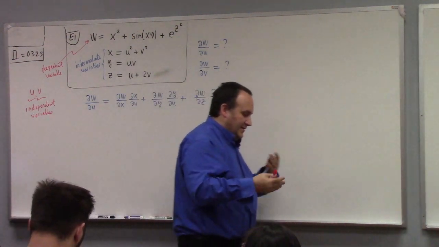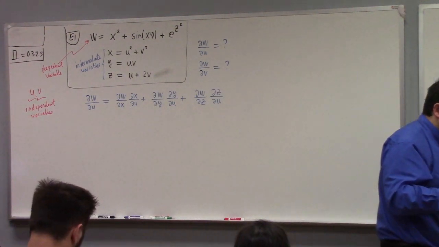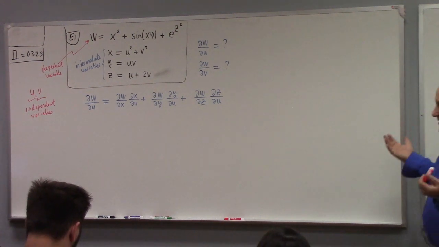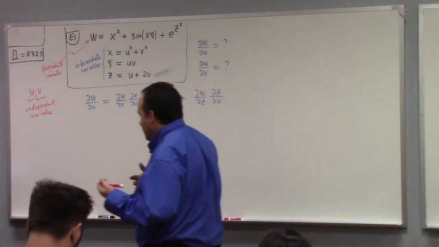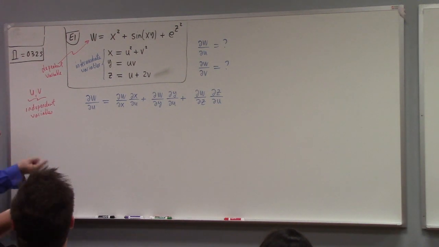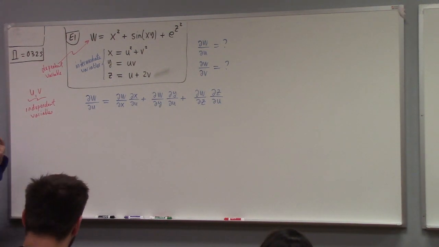So in any chain rule problem, you have to understand for yourself what's my dependent variable, do I have intermediate variables, and what are my independent variables, so we can calculate partial derivatives with respect to independent variables. If there's just one independent variable, it's not a partial derivative, it's a total derivative, all right?